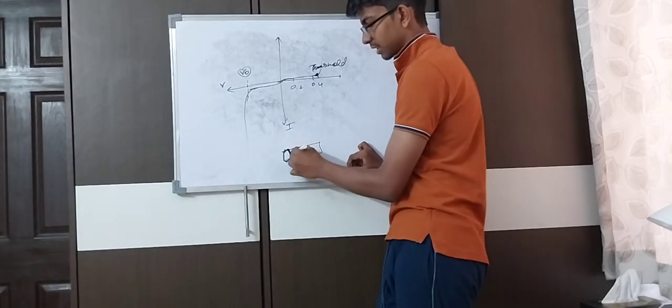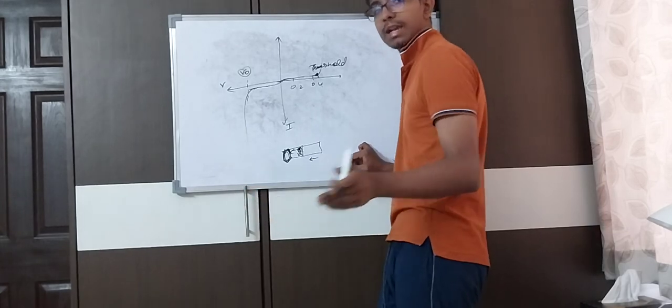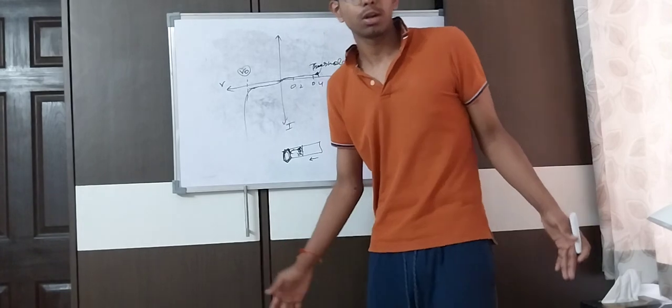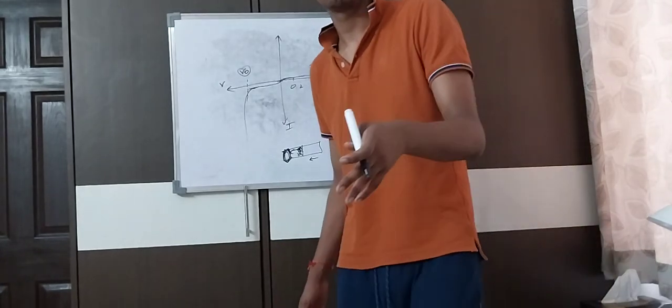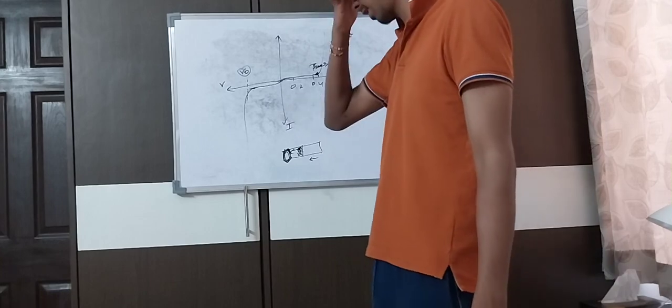So it will move from the junction edge towards the other end of the conductor, and that is what is causing the current in this. That's about it. I sincerely hope I don't get confused after explaining it properly.